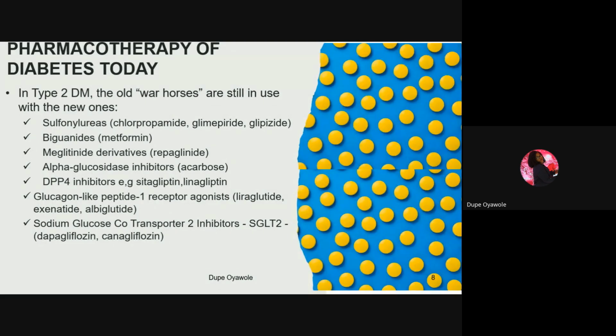Then you have the meglitinide derivatives, not as used as they used to be before, but still used. Repaglinide, nateglinide. But then the alpha glucosidase inhibitors too, acarbose, which is not used often like it used to, because of the side effects that we all know.